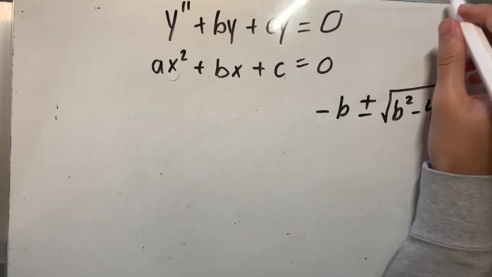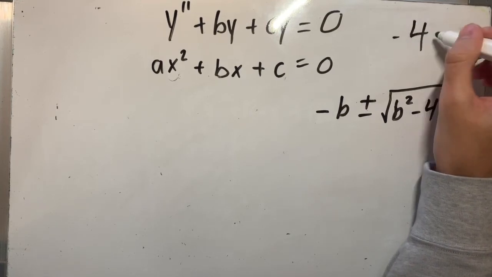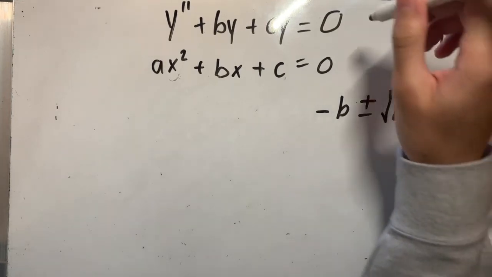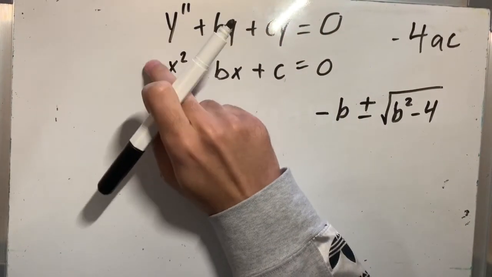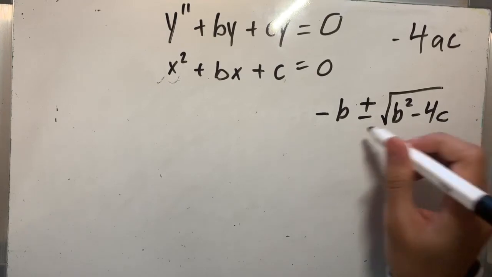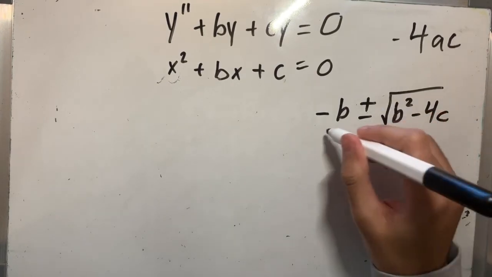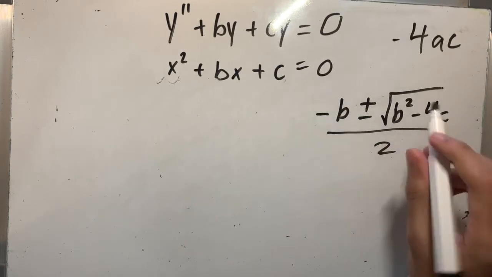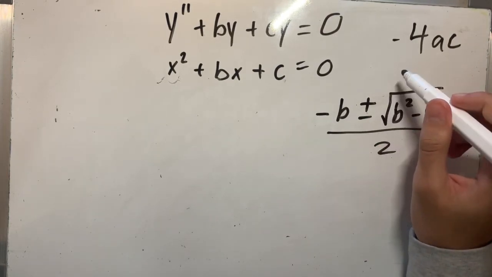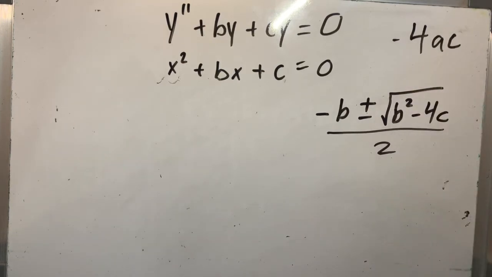The actual quadratic formula is minus 4ac, but in differential equations our a will always be 1, therefore we don't have to put it in our equation here, all over 2. So what we're actually focusing on is our discriminant, in reality, or this whole thing actually, I guess.